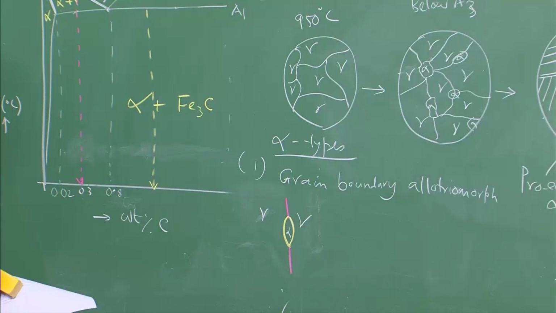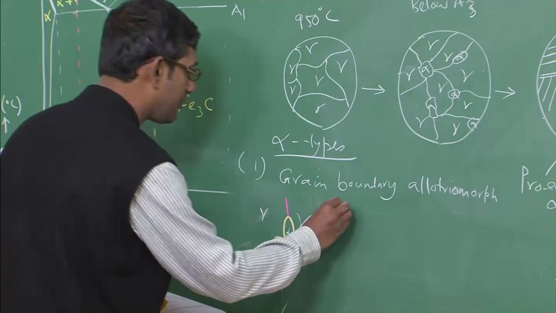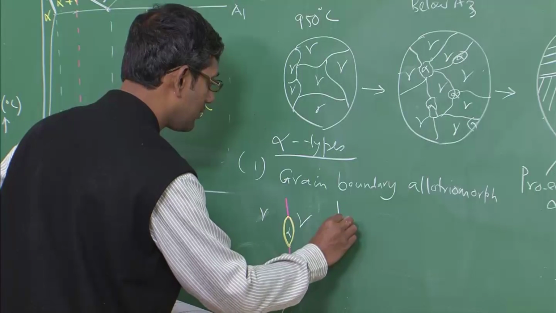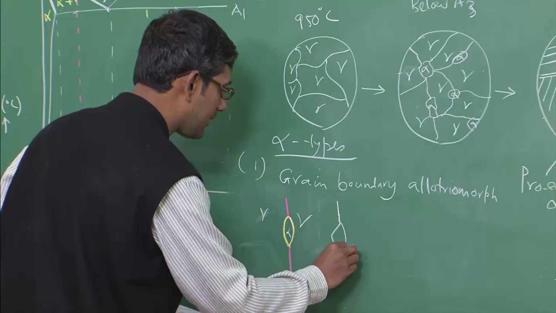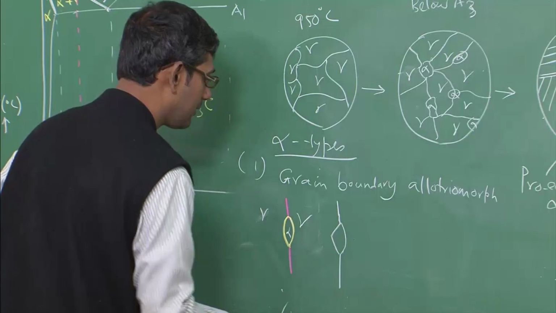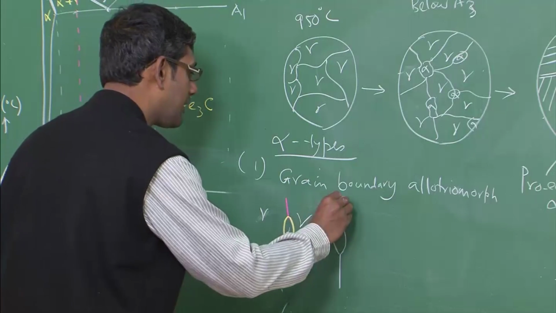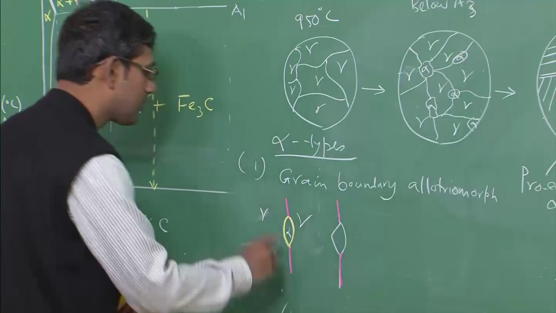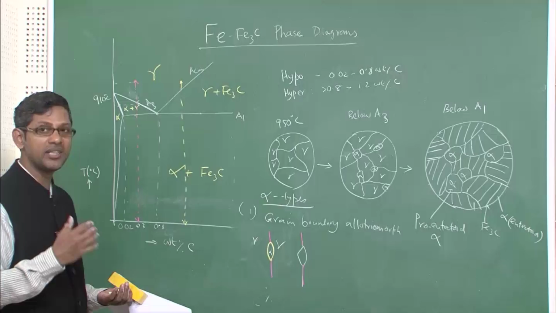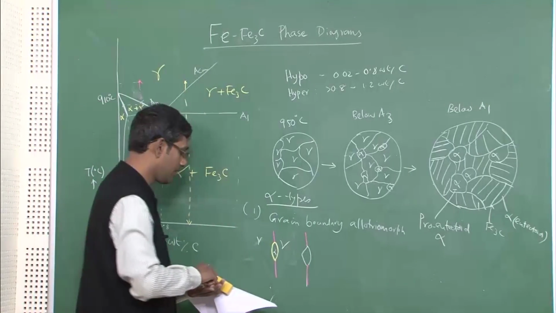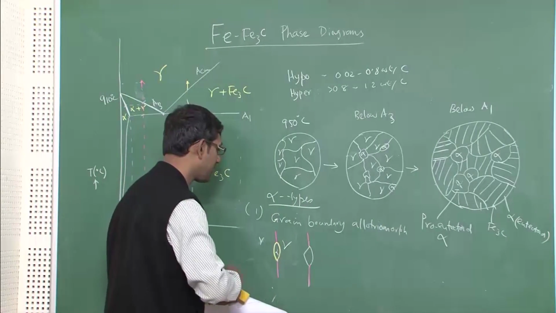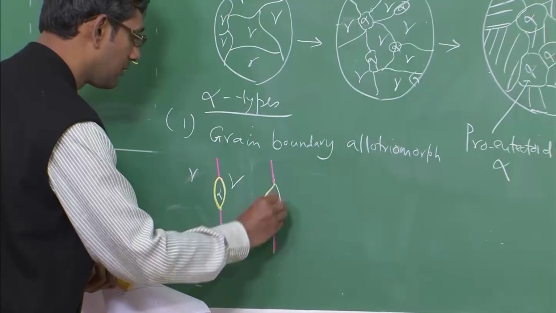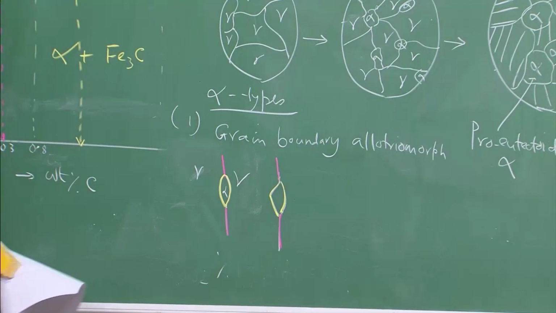There are many variations of these. One variation will be very simple: faceted on one side. What is that? That is because if one side of alpha has a nice orientation relationship with the gamma, then it will have a faceted morphology. Very simple.